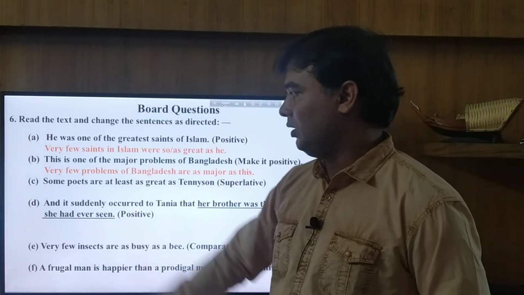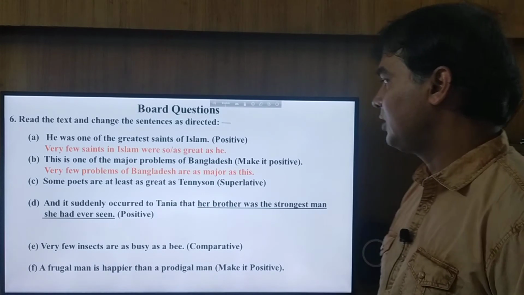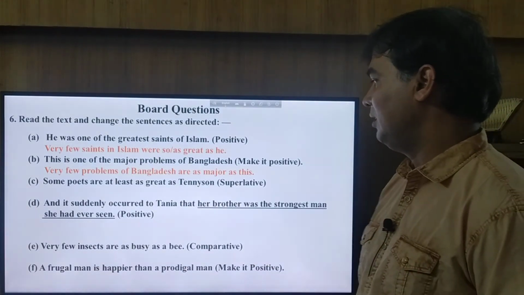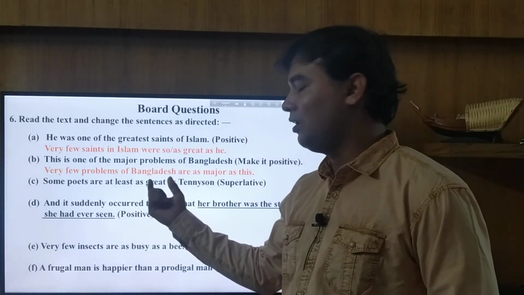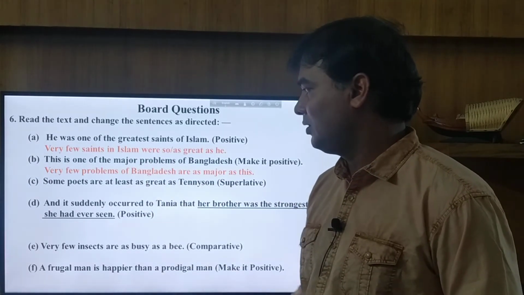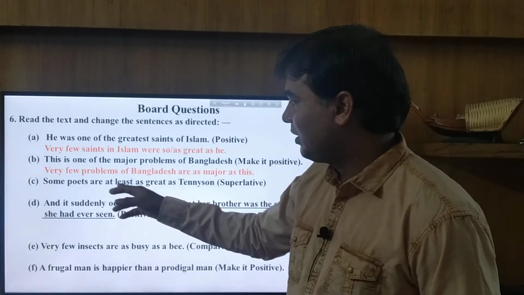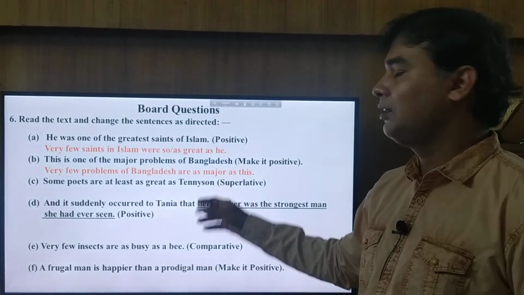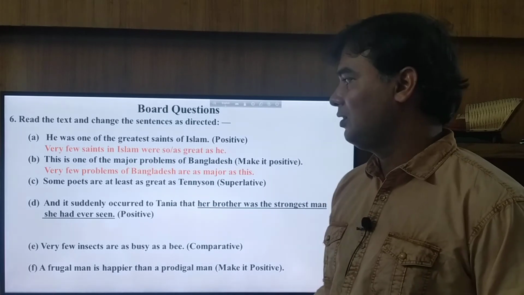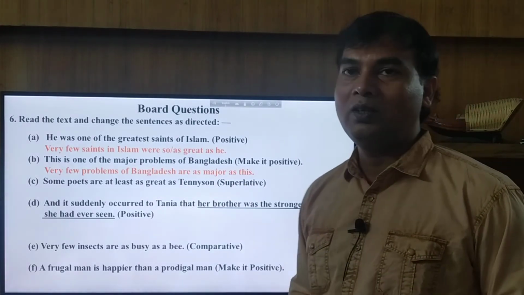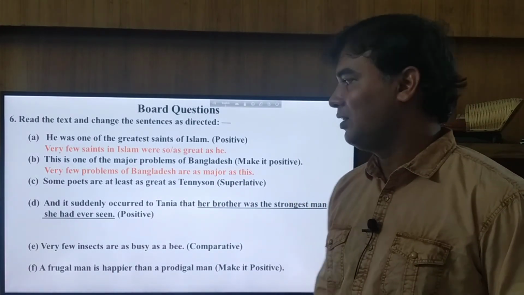Okay, then the next one. Some poets are at least as great as Tennyson. This is very important because there is a puzzle in this sentence. Some poets are at least as great as Tennyson. That means Tennyson is one of the greatest poets. There are other poets who are also great.